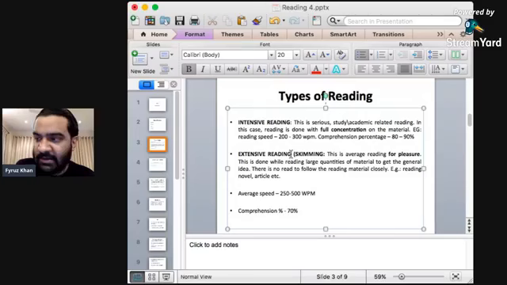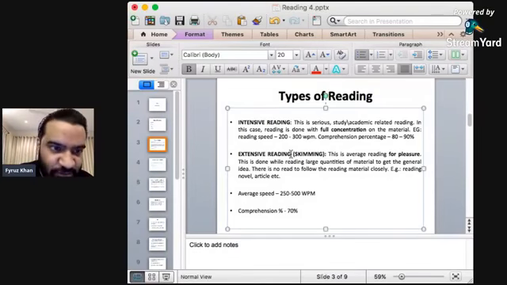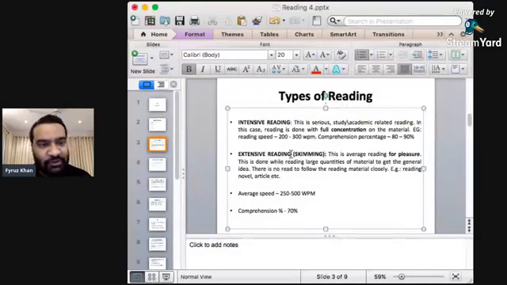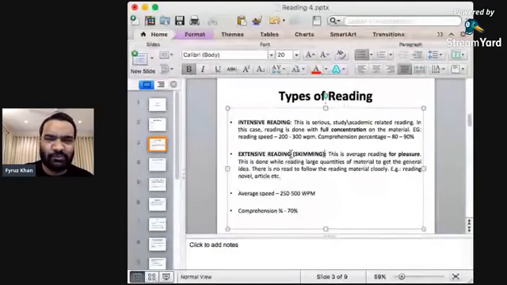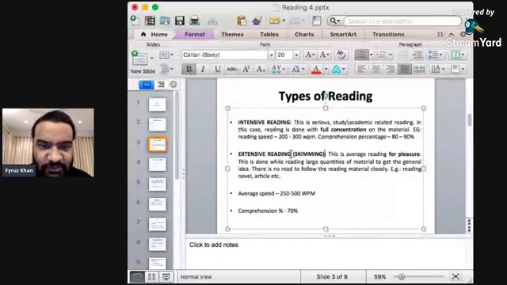So you read quickly, and it's for pleasure. You don't read line by line. You just try to grasp and get as much information as you can. You don't need to read line by line, because you have to read a large quantity of materials.